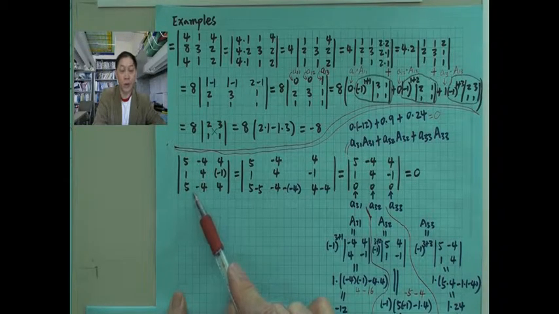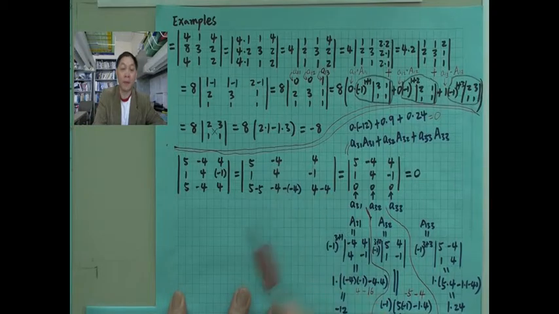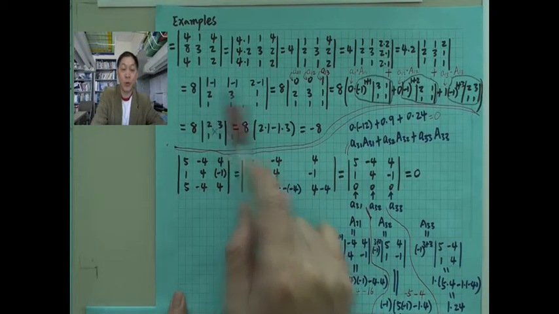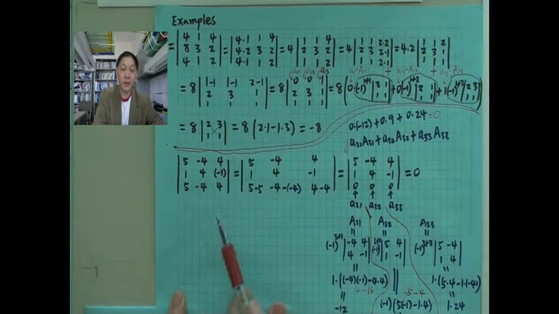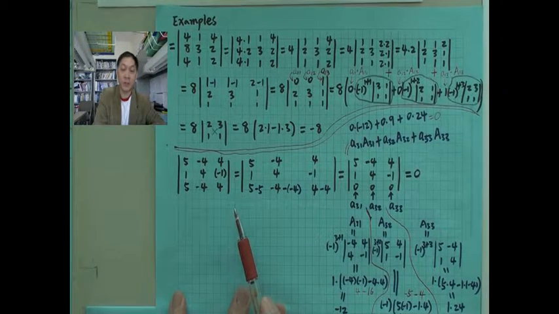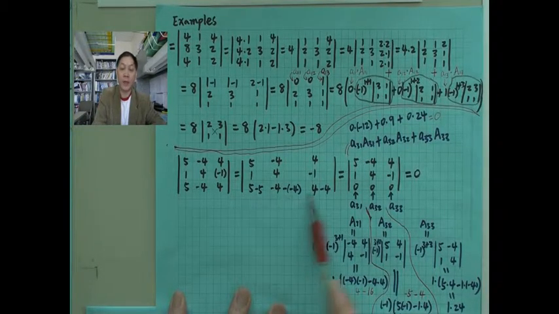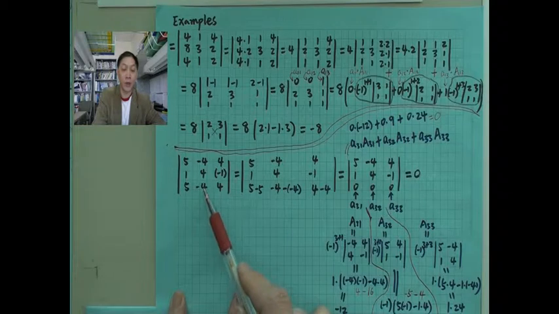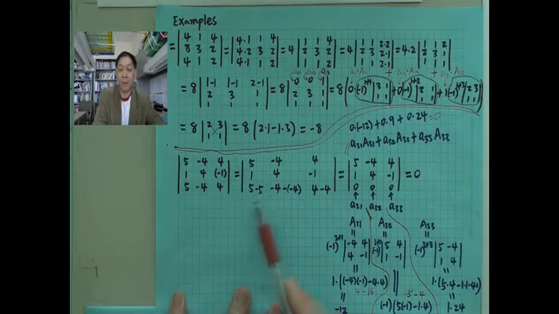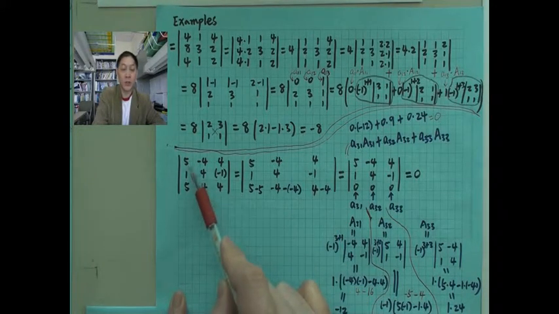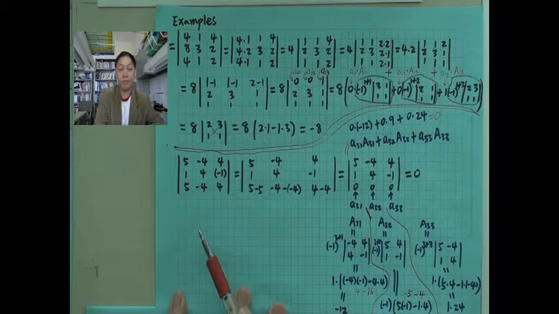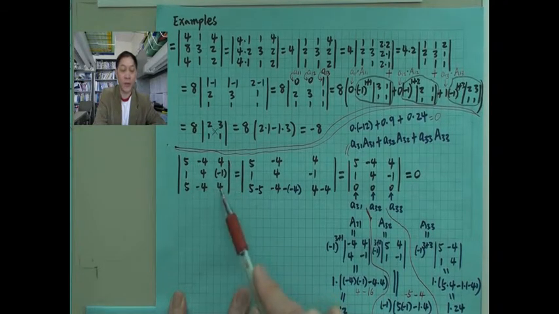Actually, here is row 3 minus row 1. Previously, we used row 1 minus row 3 here. It won't change the value of the determinant. And then here we can use row 3 minus row 1, since those two values are the same.